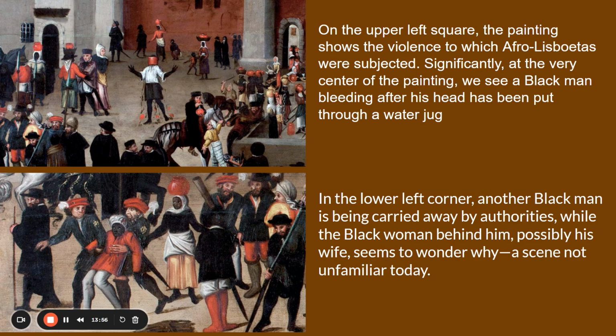And in a very significant image right here at the center of the painting, we see a Black man. We see the jug that's actually over his head, right? And then we see some things kind of falling around him, and they're red in color. So that could be portions of the jug, like broken portions of the jug.